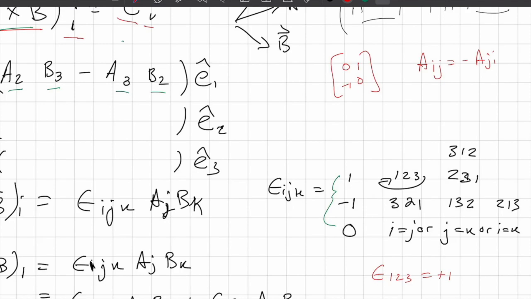So what that means is that if you swap these 2 indices, you produce a -1. And here's an example of a skew symmetric matrix. The diagonal always has to be 0 on a skew symmetric matrix. Because A11, if it's going to equal minus A11, meaning you swap those 2, it has to be 0.